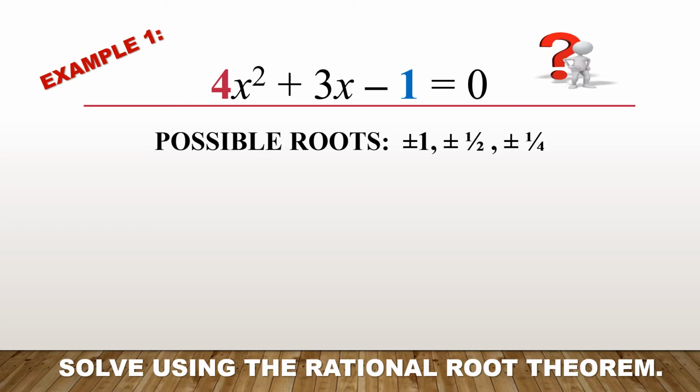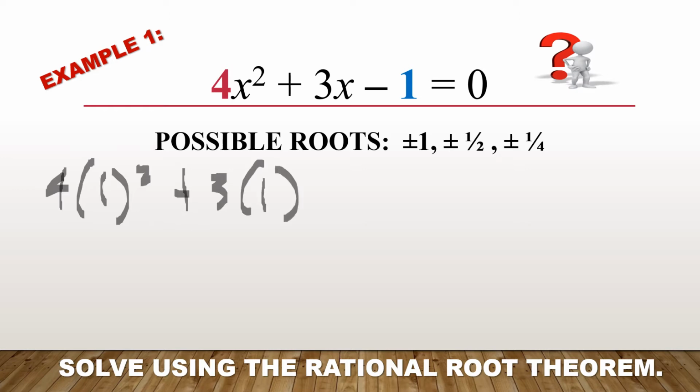Let's have first positive 1, and let us use remainder theorem this time. So using remainder theorem, let us replace x with the value 1. So 4 times 1 squared plus 3 times 1 minus 1. Will this give us 0?